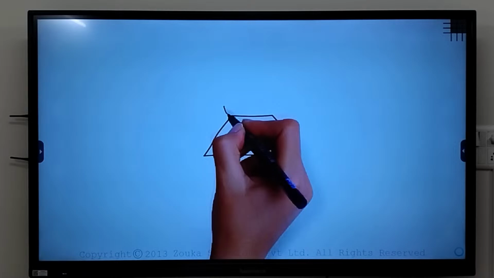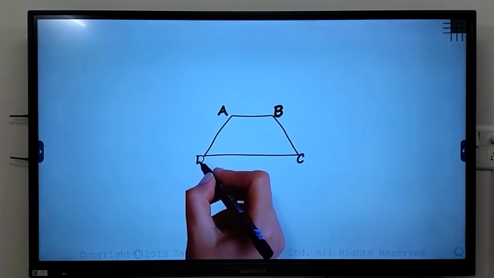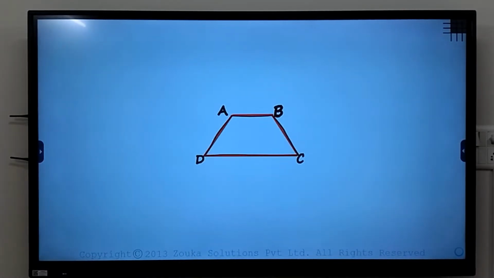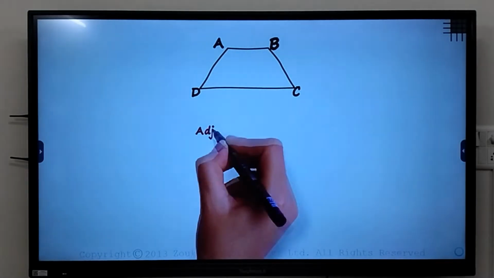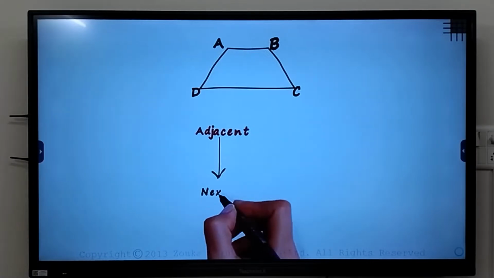Consider a quadrilateral ABCD. We know that every quadrilateral has four sides, four vertices and four angles. In this video, we will understand that when it comes to quadrilaterals, what adjacent and opposite mean. The term adjacent means next to each other.